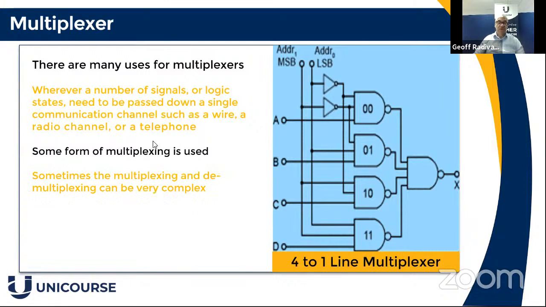Now, a lot of the multiplexers that are being used around are very complex ones and use a lot of electronic circuitry. I say we only want to really concentrate on the basic one. Now, in your assignment, you will be asked to do a multiplexer, so it's worth reviewing it, having a look at the UniCourse guide notes and various other web-based material and getting an idea on the sort of circuits that you want to use.